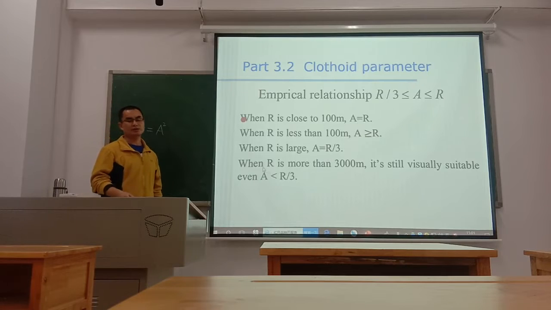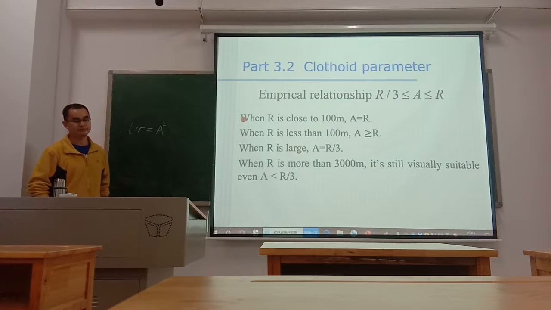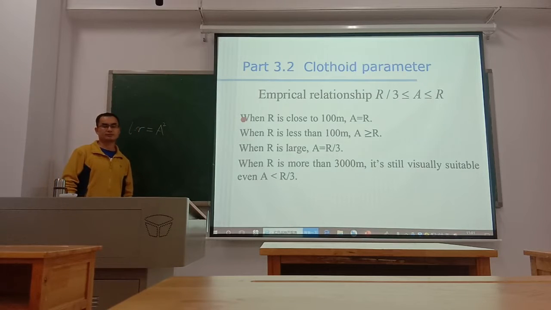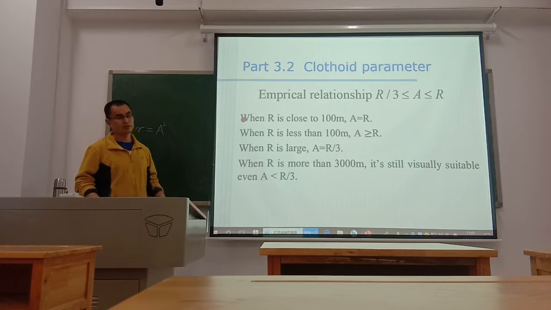When R is more than 3,000 meters, it is still visually suitable even if A is less than radius divided by 3.